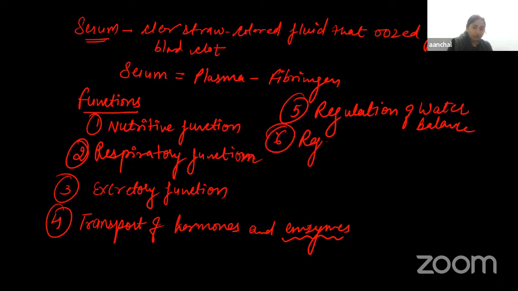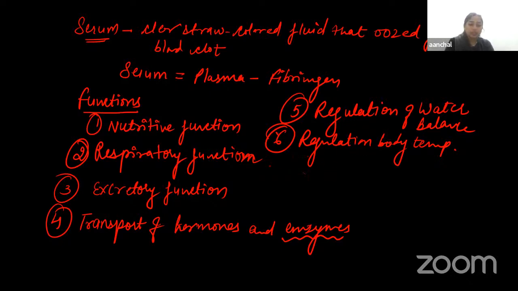Then regulation of body temperature. As we know, because of its high specific heat, the blood is responsible for maintaining the thermoregulatory mechanism inside the body, that is the balance between heat loss and heat gain.